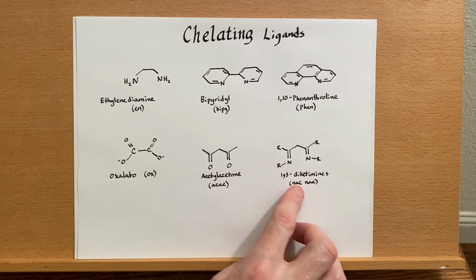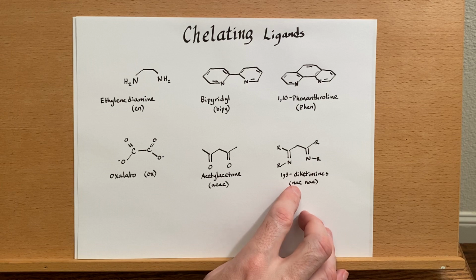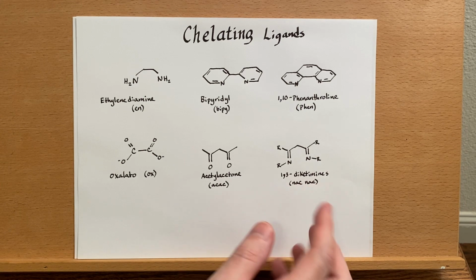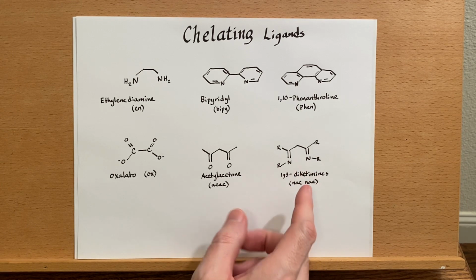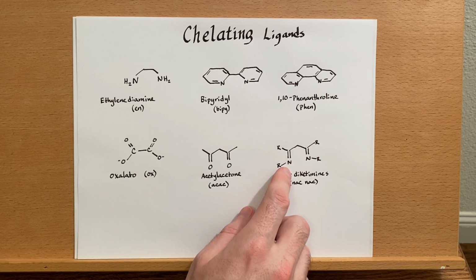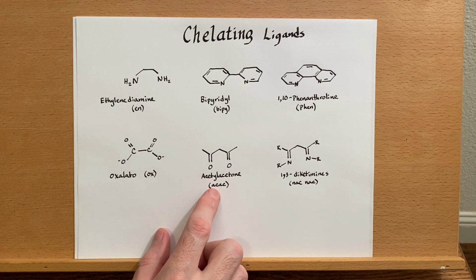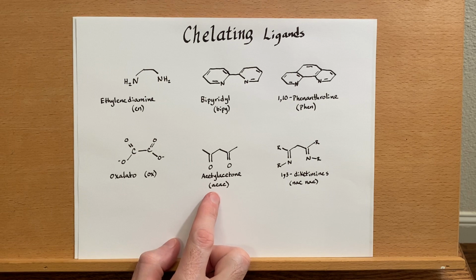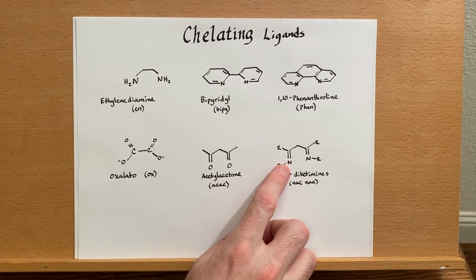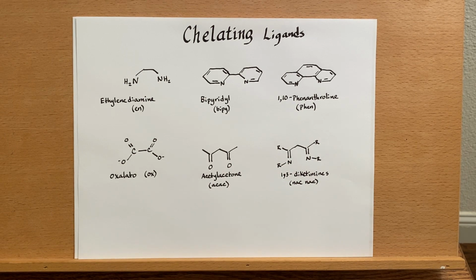So we just put an N in there to indicate nitrogen ACAC. And in fact, when you want to use this type of ligand, you can start from that one and do a very simple transformation to convert it over into the NACNAC form. So these are chelating ligands and their names.